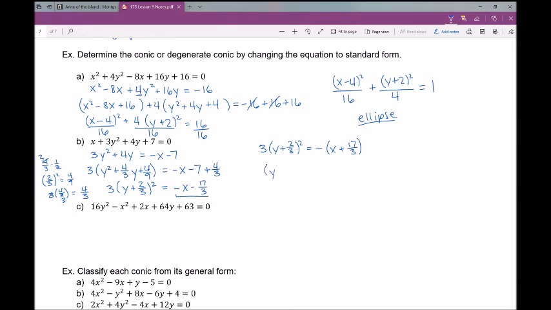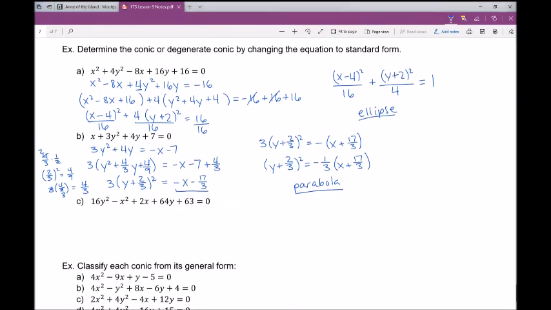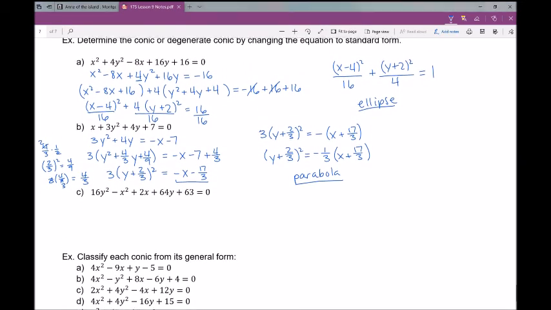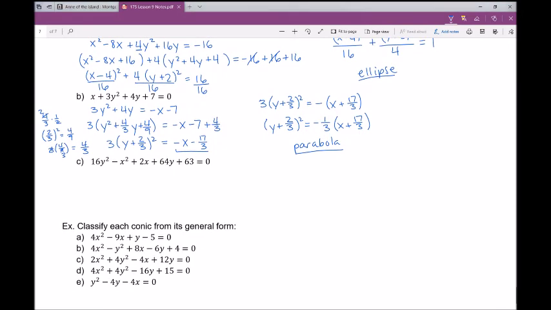So our equation is y plus 2/3 squared is equal to negative 1/3 times x plus 17/3. Okay, and so that indeed is a parabola, just as we predicted. Okay, so in this last example, you might be like, well, we haven't seen a degenerate conic yet, so maybe this one will turn out to be one.